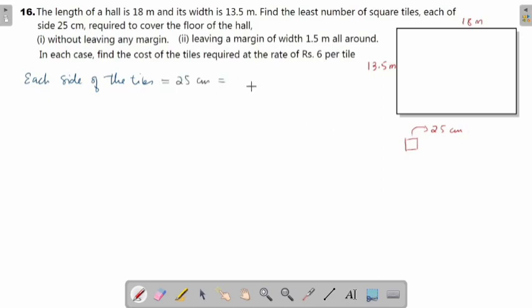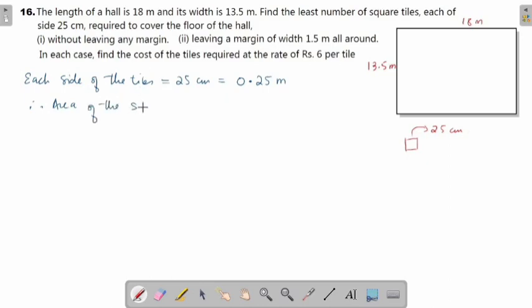So let's convert this into meter. It becomes 0.25 meter. Now why am I converting into meter? Because all the measurements are in meter. I told you in the denominator you have area of the tile, so therefore we will find its area.